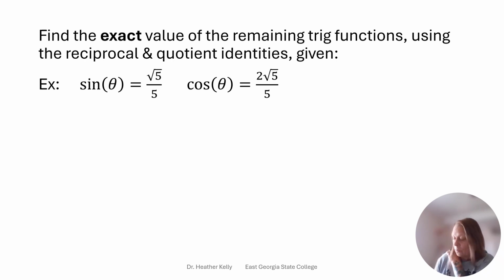So let's find exact value of the remaining trig functions using the reciprocal and quotient identities. Okay, so I'm just going to jot a couple of these things down. Now this is my suggestion for you. You should get yourself a piece of paper.